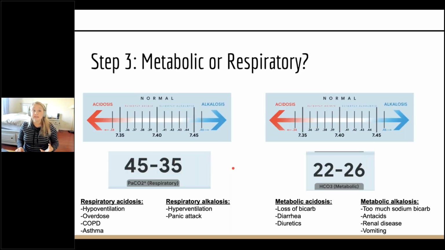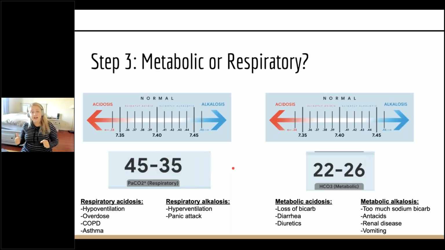Maybe COPD, any of those different types of COPD, asthma, chronic emphysema, chronic bronchitis, where the patient isn't ventilating, they're air trapping, they're retaining CO2. Too much CO2, too much acid, acidosis. A high CO2 greater than 45, correlating with a low pH, is a respiratory acidosis.